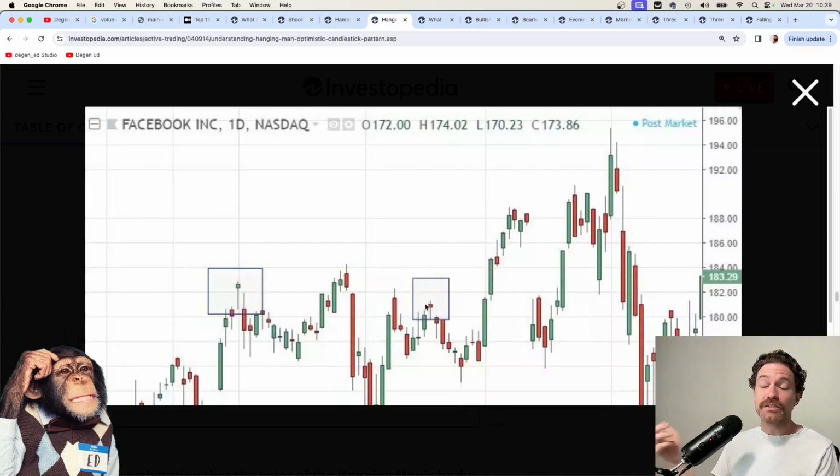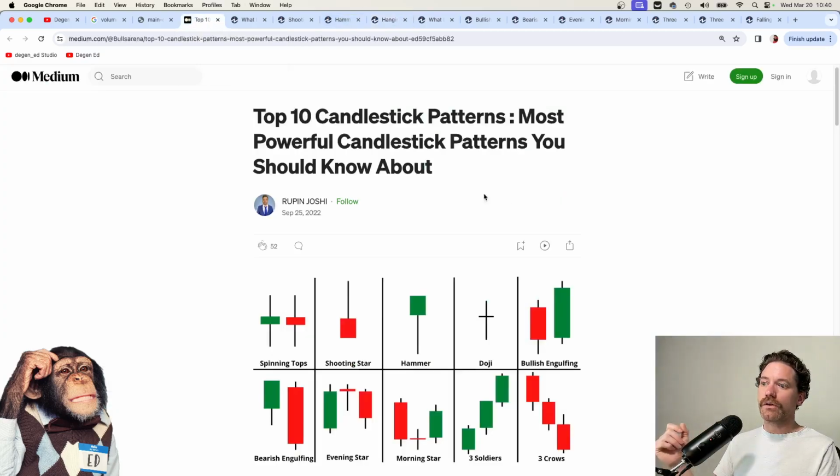That would also be supported, I would say, by diminished volume whereas price is higher, that would suggest a reversal. So good to be paying attention to that volume. Here there are 2 examples of hanging men, which are hammer candles just at the top. You've got to look at them in relation to the other candles. As you can see, there were pullbacks following those hanging man candles. So good to pay attention to those.